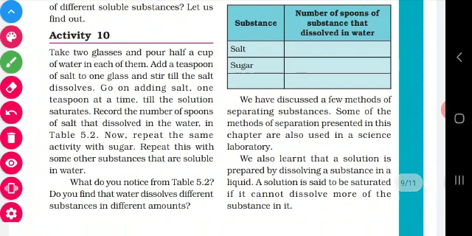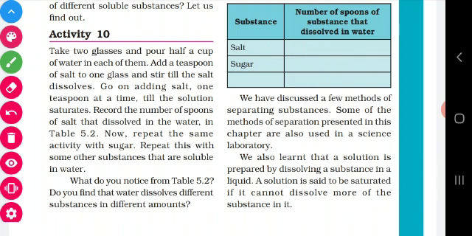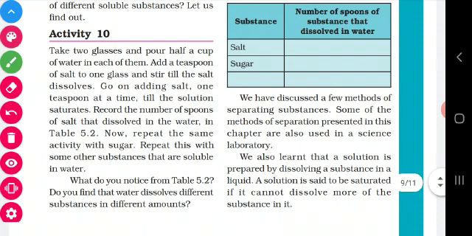You have to see how much substance has dissolved. You have to make the solution until it is saturated. That is, you keep adding until some of it comes and settles at the bottom. So you have to note the number of spoons of substance that dissolved in water.